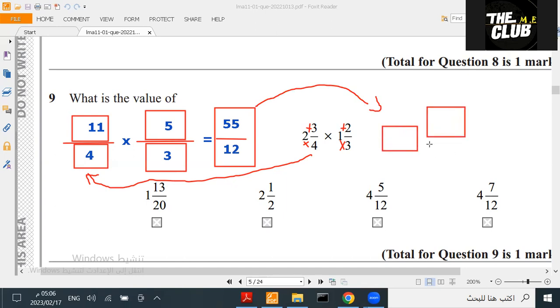First thing, I take the same denominator, so it's 12, and now we convert the improper fraction to a mixed number. 55 divided by 12, how much is it? Use the calculator.